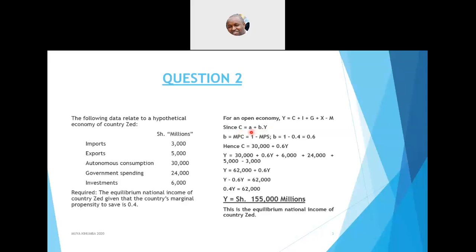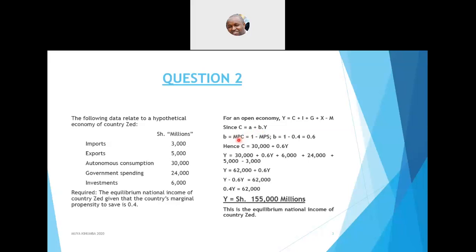That is consumption which is not dependent on income. And then BY, which is induced consumption, which is based on our current level of income. B in our case is marginal propensity to consume. That is that portion of our income that we spend on consumption.